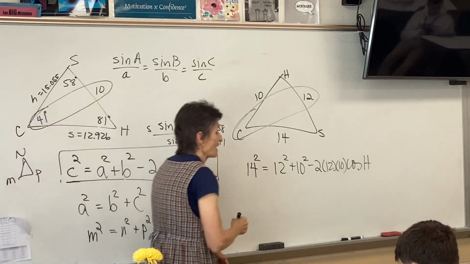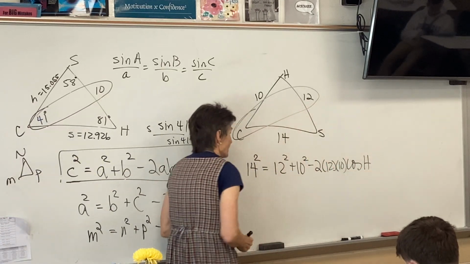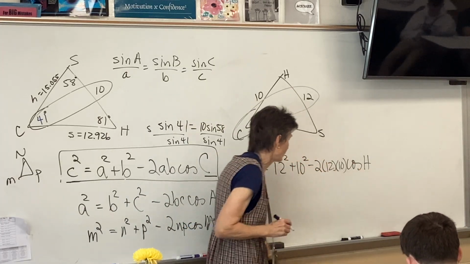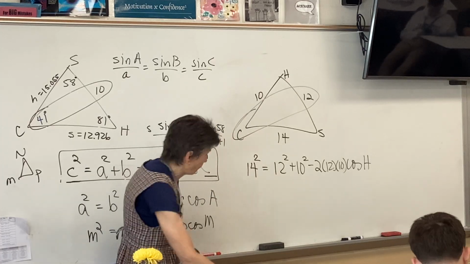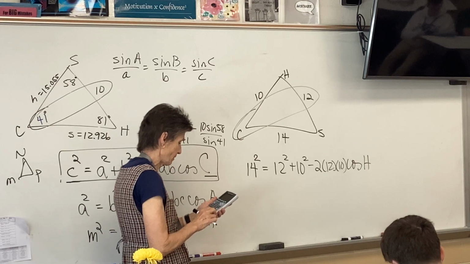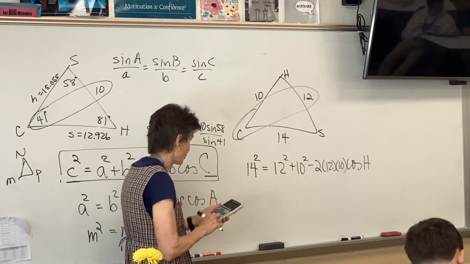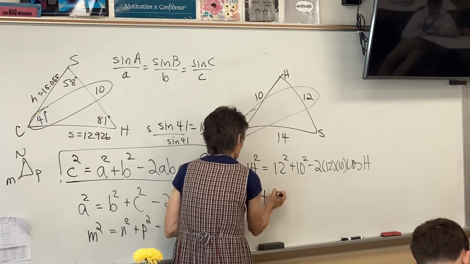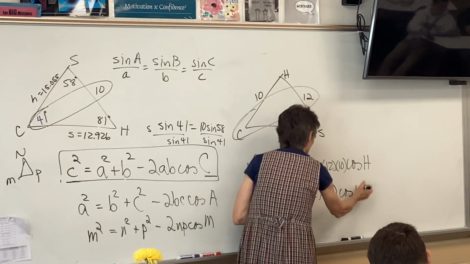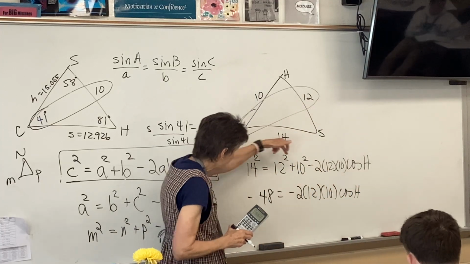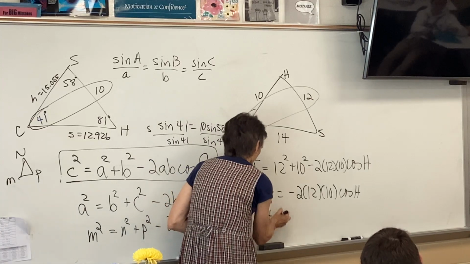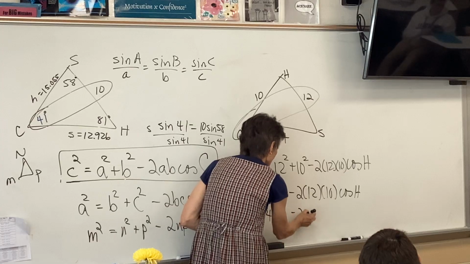Now we have to solve that, and we gotta do it carefully because we can't just type all that stuff in, because this part's hooked to a cosine. So I'm gonna do 14 squared minus 12 squared minus 10 squared. So I'm gonna move all this over, and I got negative 48 equals all the rest of this stuff. You with me, folks? I just subtracted these things over. Now, all of that multiplied together is negative 240.